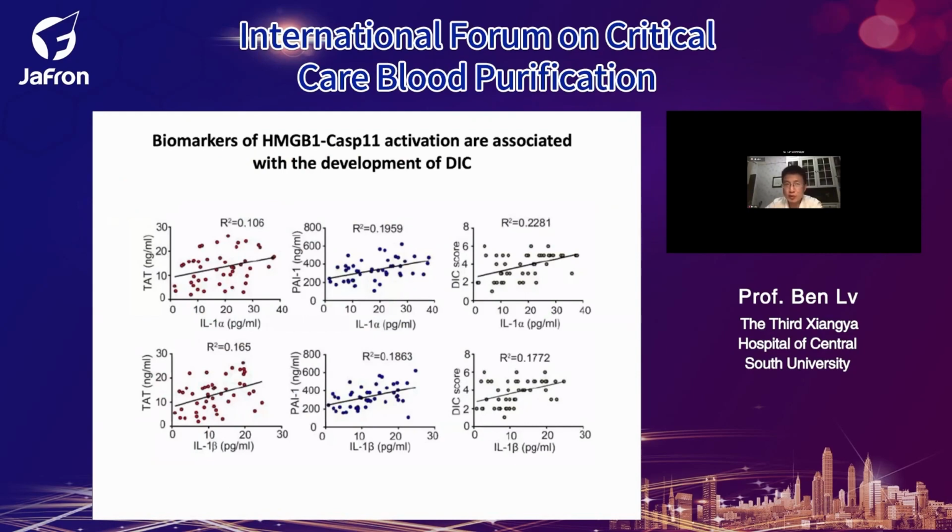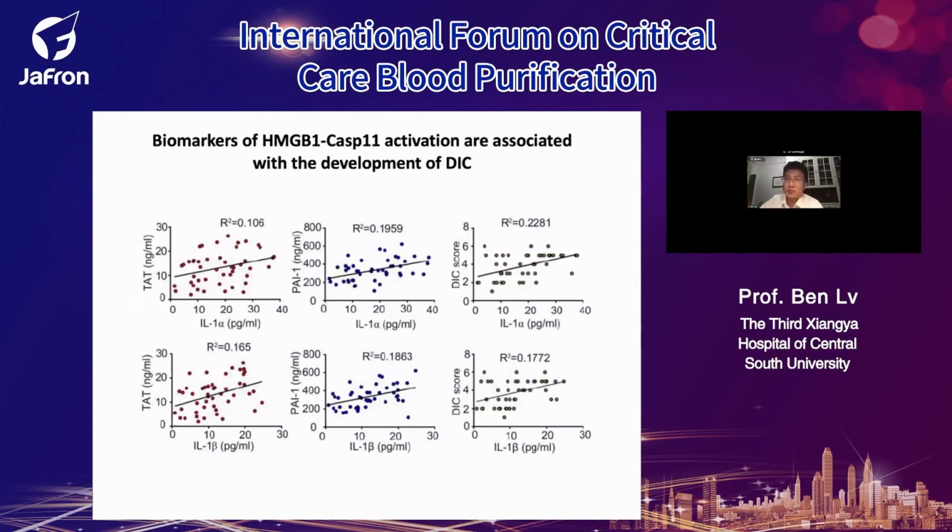And back in human patients, we also measured biomarkers of this HMG1 caspase-11 pathway with the DIC. So we used TAT, PAI-1, and the DIC score. Basically, these are parameters for coagulopathy, DIC. And we also chose IL-1 alpha and IL-1 beta as biomarkers for the caspase-11 activation, with good correlation.